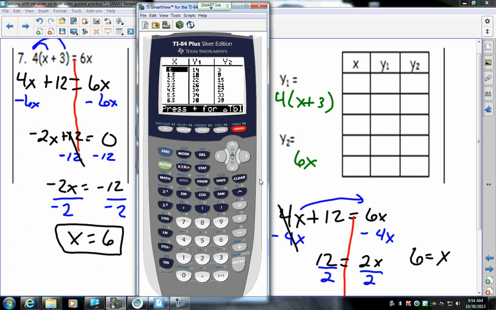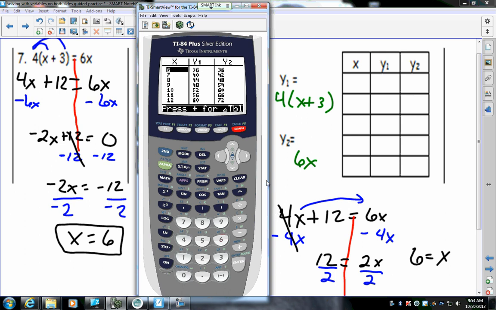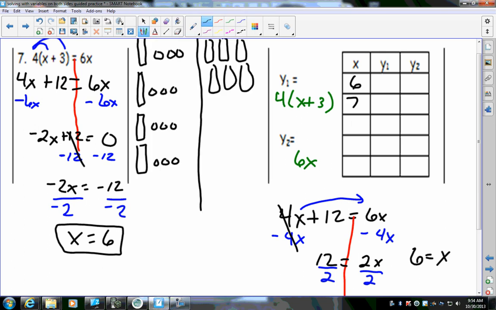I think the answer is 6. Oh, wait, it still shows the decimals. Let me go back to second window, type in what I think the answer is, 6, second graph, and it'll make it correct again. Okay, so I'm going to write in my table 6, 7, 8, 9, 10.